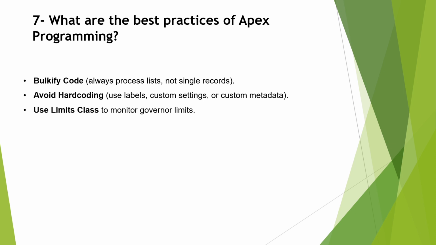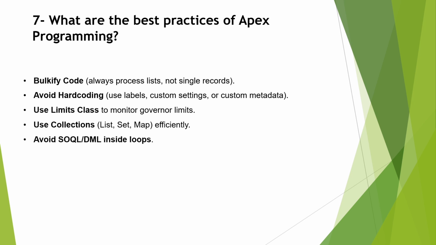Always check while bulkifying a process that no infinite loop starts in the backend, because it will hit the governor limit. So always set limits there. Fourth, use collections: most of the time use collections, not a single record. Use list, set, and map efficiently.